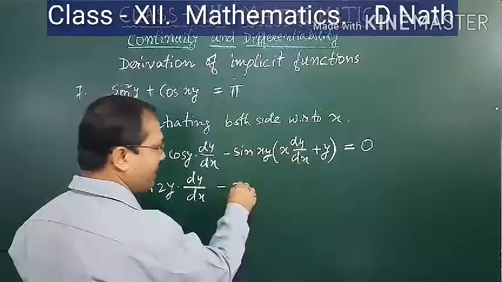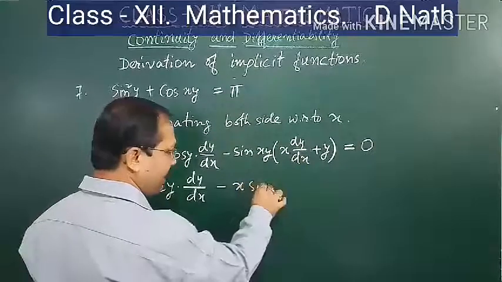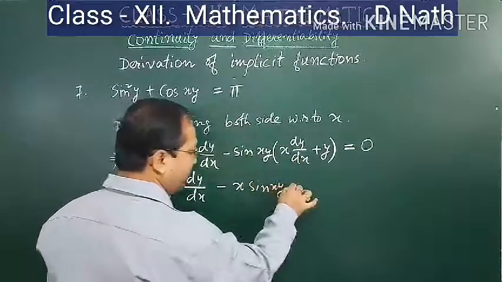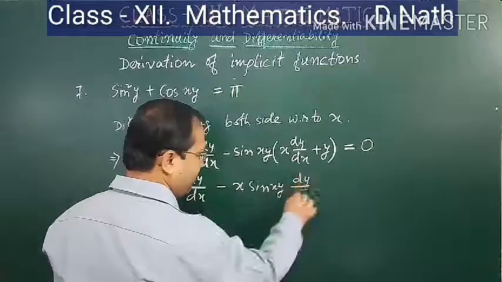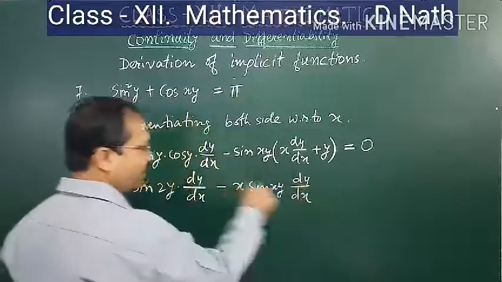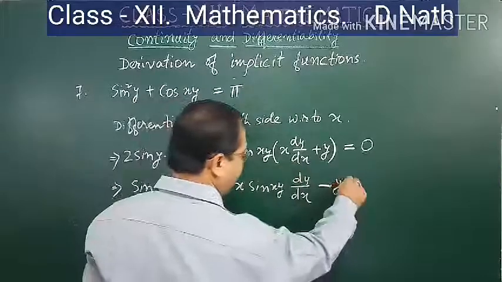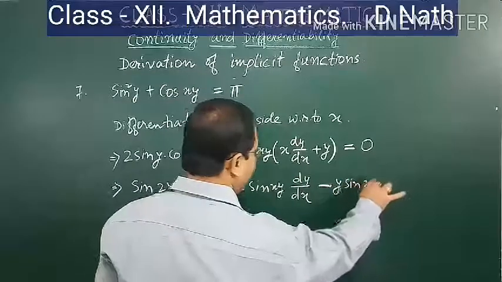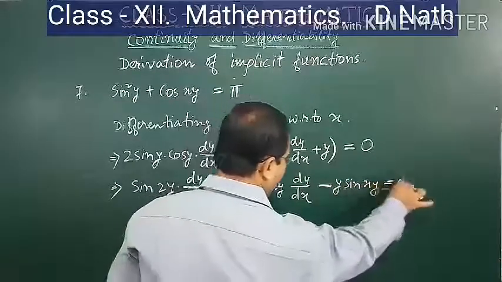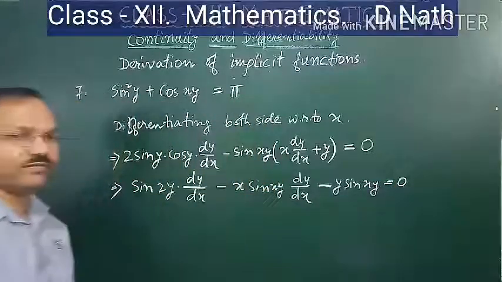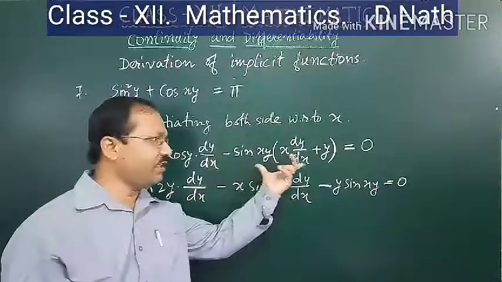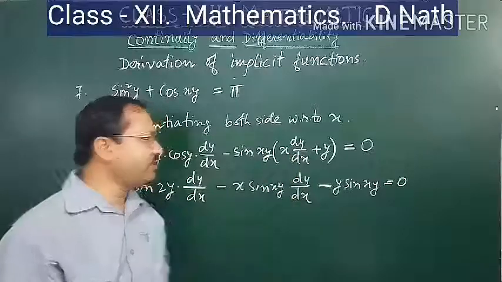So it is x sin xy dy/dx, minus sin xy into y. So it is y sin xy is equal to 0. Got it? You have just done the distributive property.